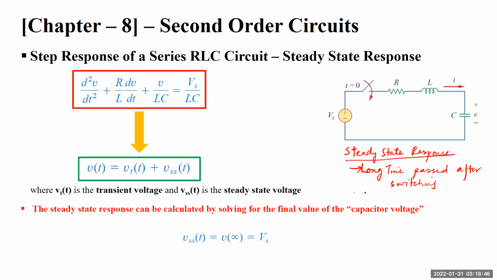Remember the definition: time greater than 5 tau is generally considered good for finding the steady state response.